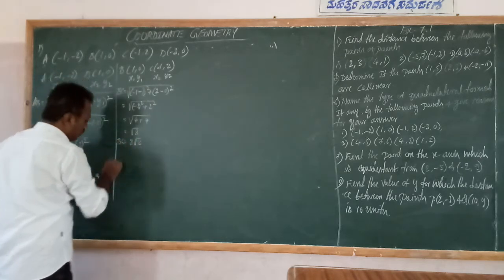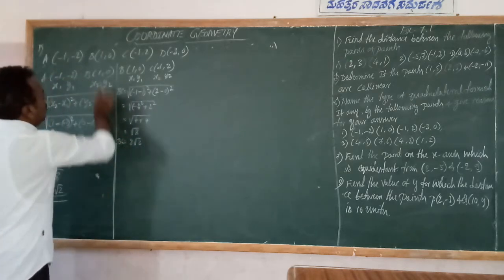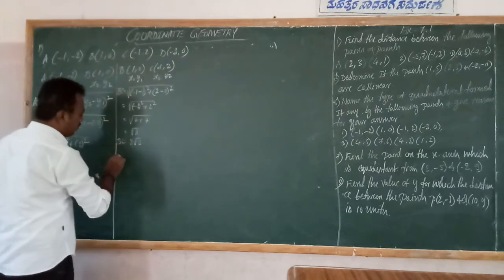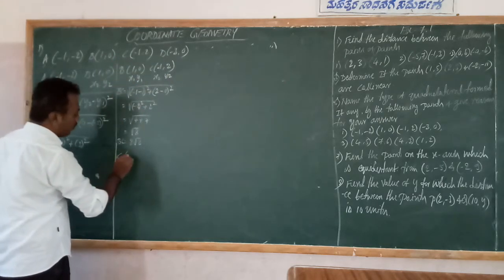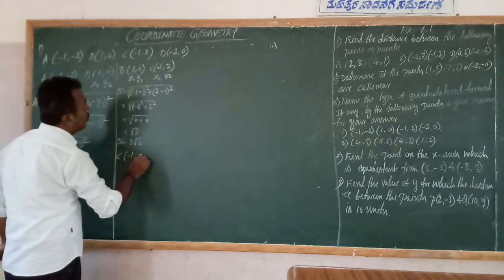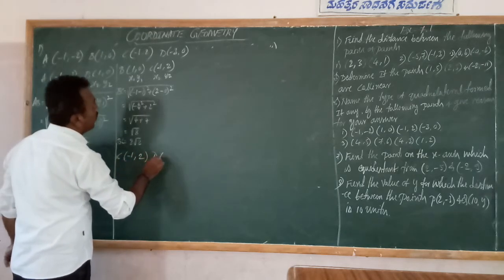Okay. Next, after BC I will go to CD. So C is -1, 2 and D is -3, 0.